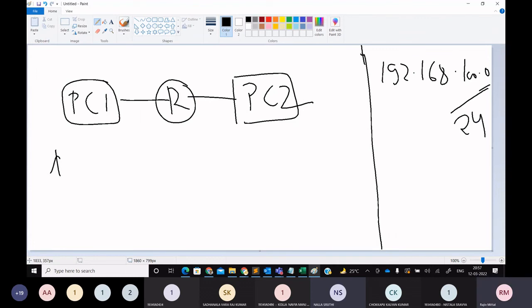Now he wants me to divide and distribute. So now this is the bigger subnet you have, and I am supposed to divide it and give some IP to these two PCs when they are connected with the router. So what IP do you suggest?